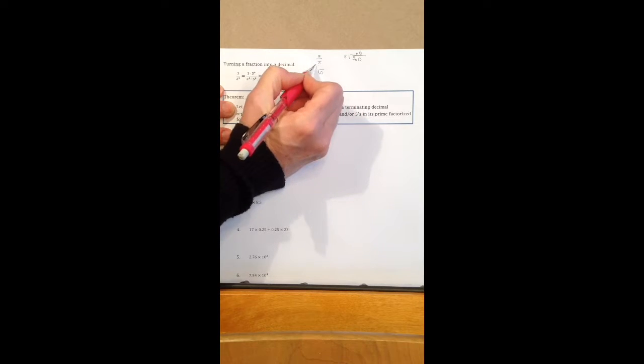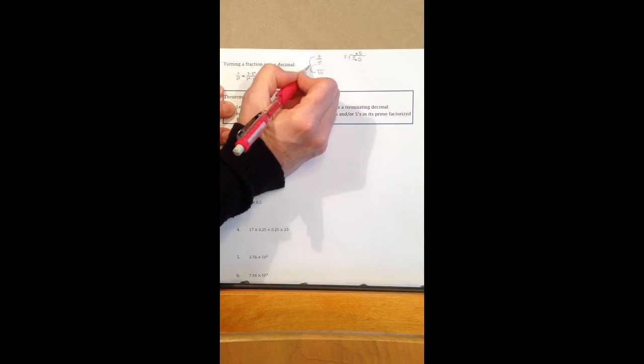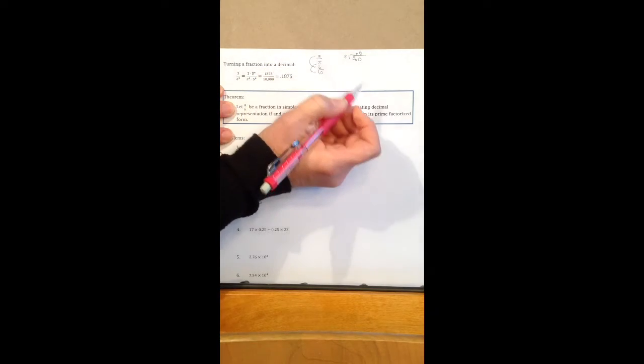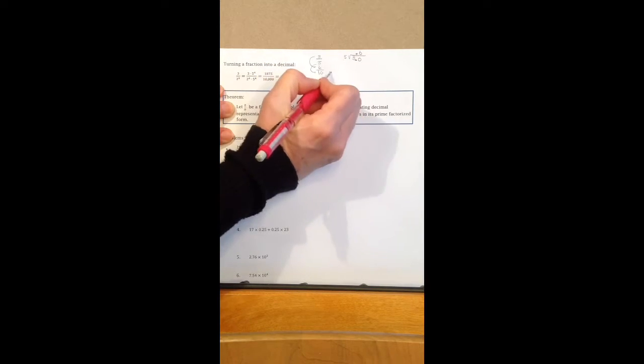So if you rewrite 3/5 by multiplying denominator by 2 and numerator by 2, and you get 6/10, then you know you can write your decimal as 0.6, because that's the same thing, 6/10.